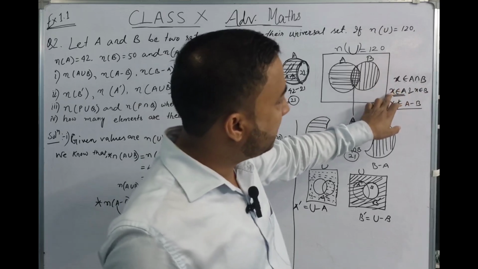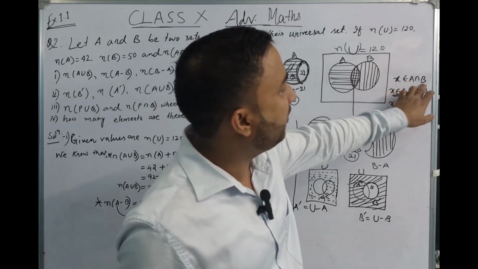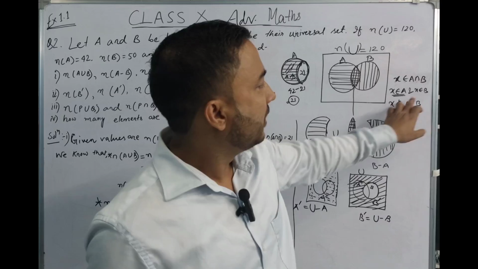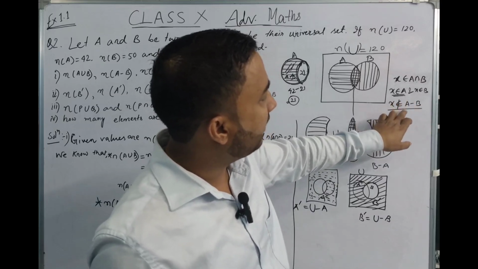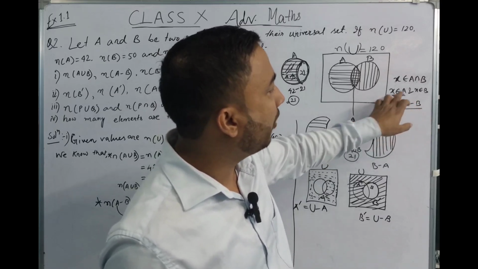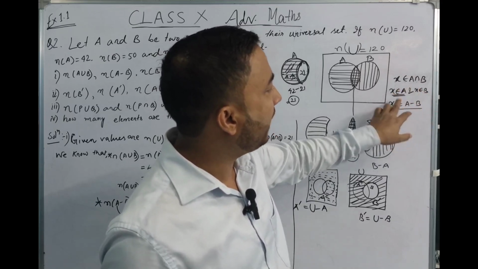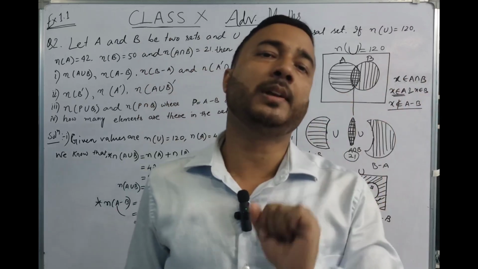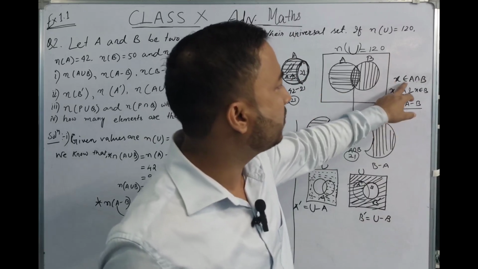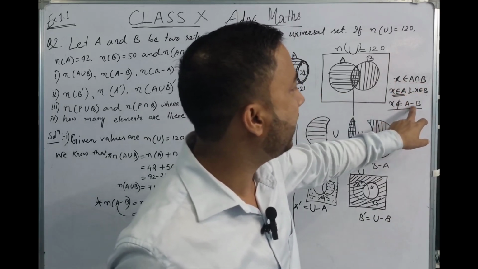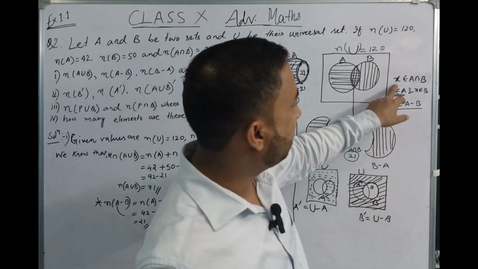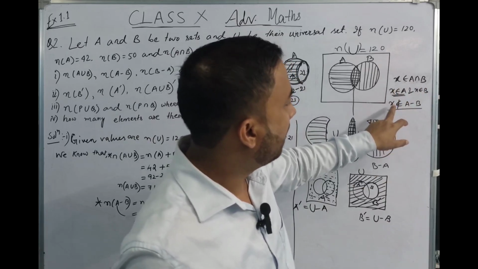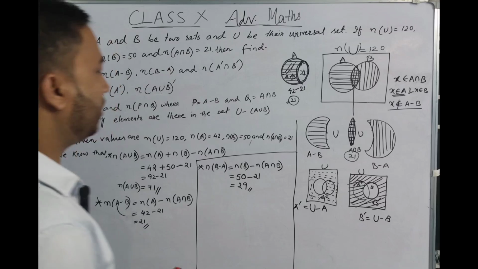It means that X is the element common to the sets A and B. That means X belongs to A and X belongs to B. Therefore, X will not be an element of the set A difference B, because X is common to the sets A and B. If an element is in the set A difference B, it is exclusive to the set A only. So if X is an element of A intersection B, then it will not belong to A difference B. That is clear to us.